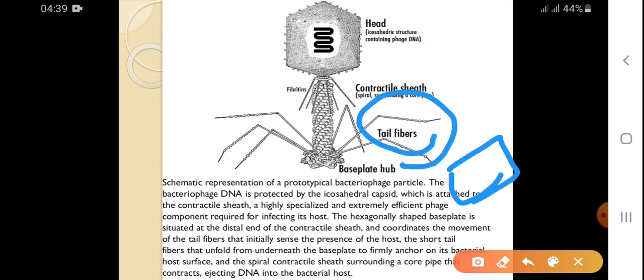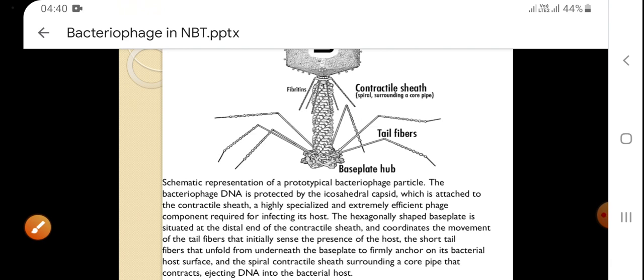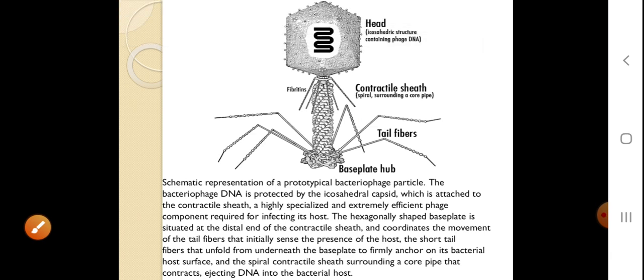If this is your E. coli, these are the tail fibers which adsorb onto the bacterial host, and then the lambda phage sends the DNA into the host. So these tail fibers are utilized for binding or adsorption of the bacteriophage on the bacteria. Is that clear? So the double-stranded DNA is then injected into the host. So it takes up the host machinery.